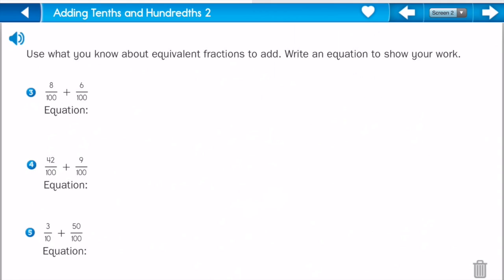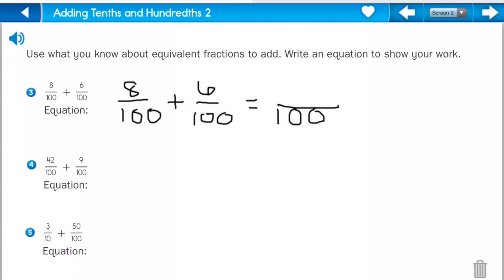Use what you know about equivalent fractions to add. Write an equation to show your work. So, I remember when I add fractions that if I have 8 over 100 plus 6 over 100, all I'm going to do is leave my denominator the same, because they're the same denominator, and then I'm going to add 8 plus 6, and 8 plus 6 equals 14.